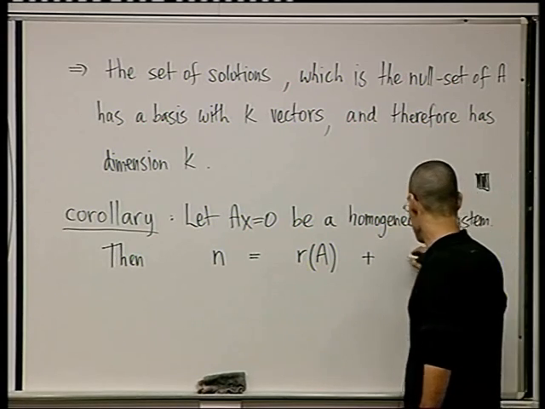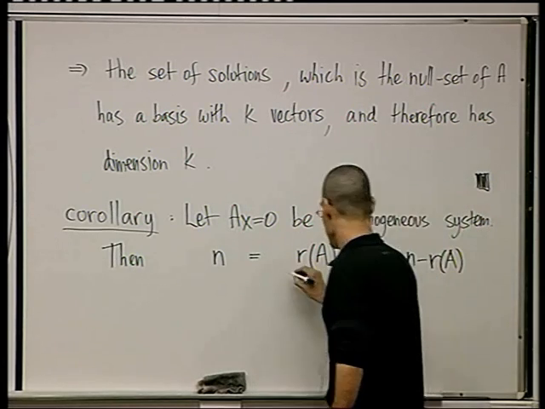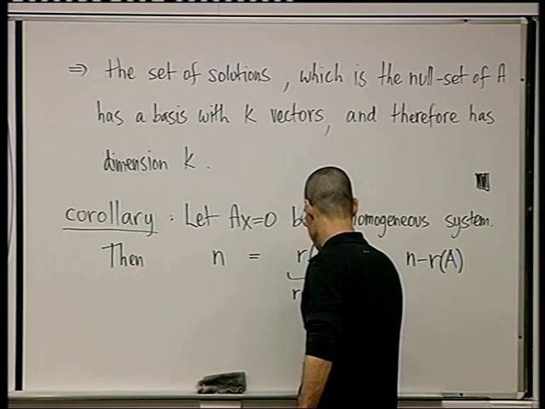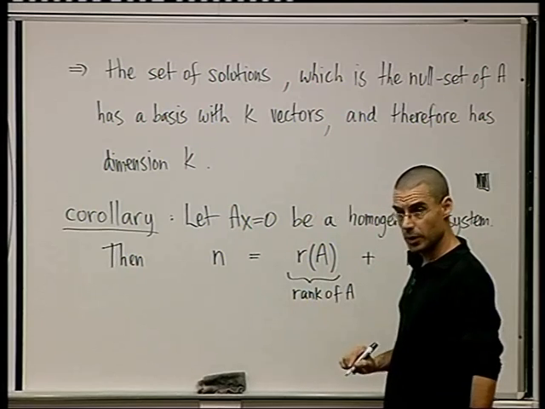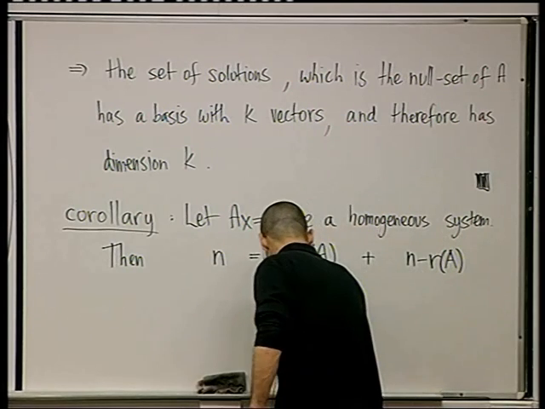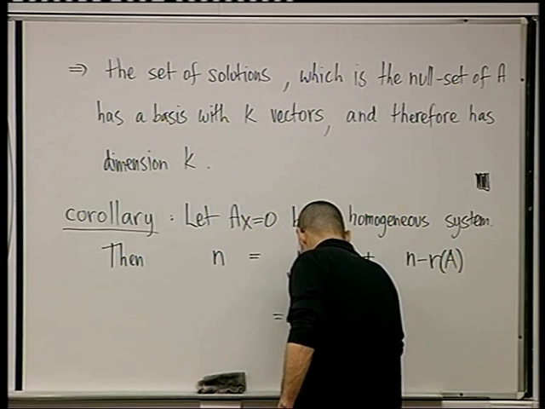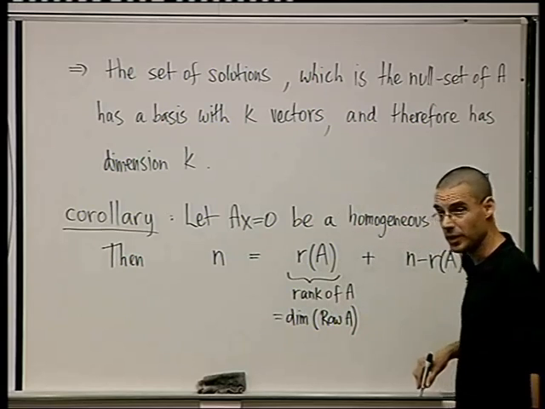Okay, so let's write it, where this is the rank of A. Another way of saying it is that it equals the dimension of the row space of A. We know that these are the same.